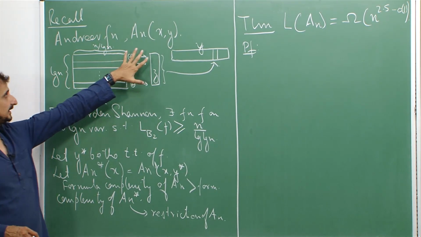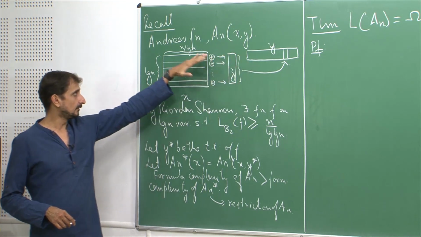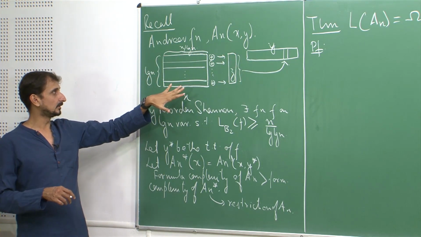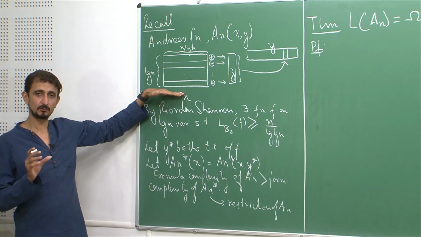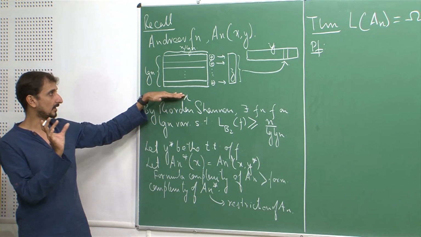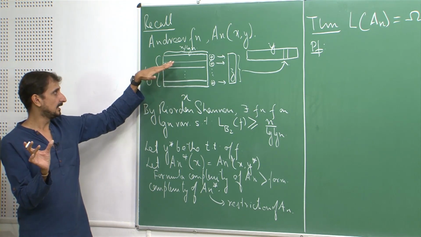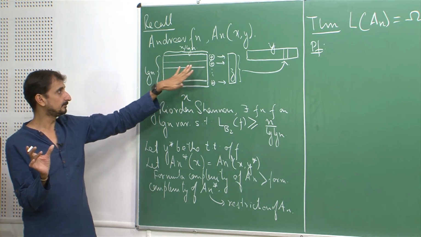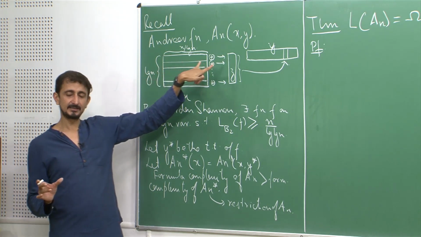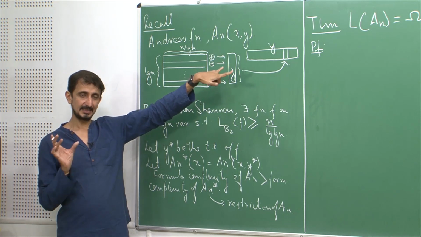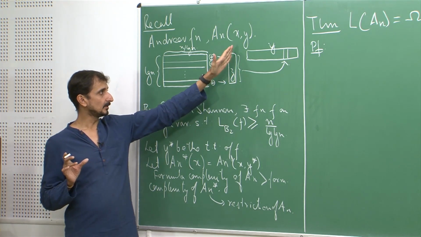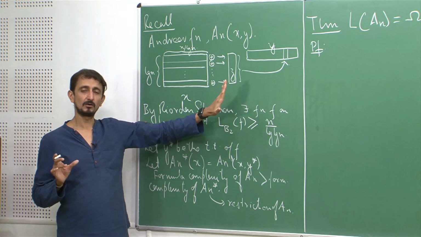The function takes two arguments, x and y. We break down x into log n many rows. So, we look at log n many chunks of x, and for each chunk we take the XOR of all the bits in that particular chunk, and we get a string z of size log n.